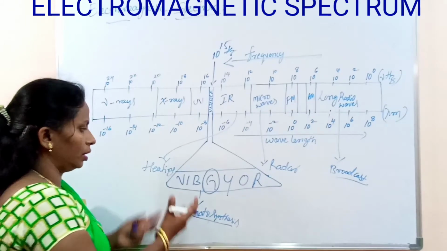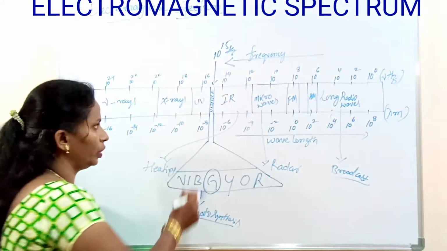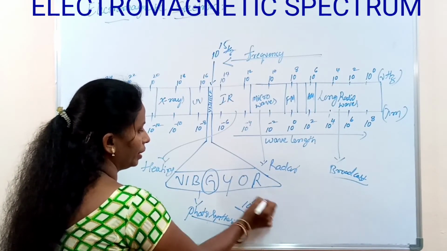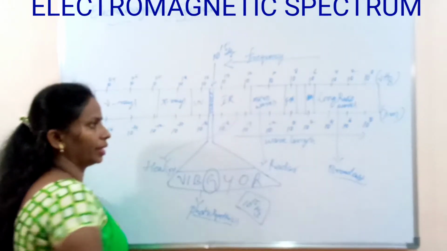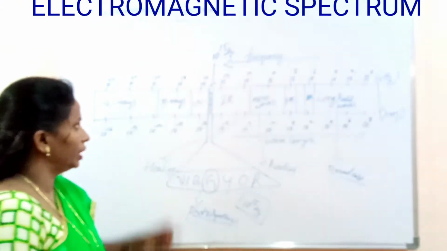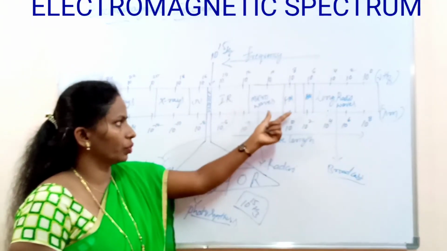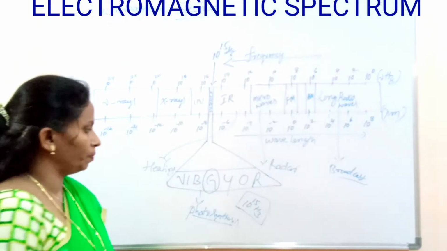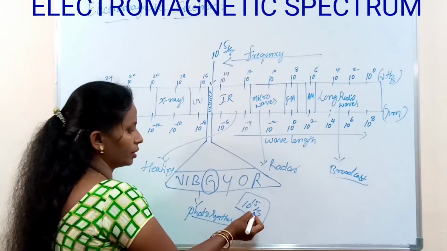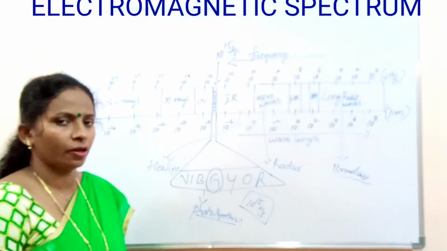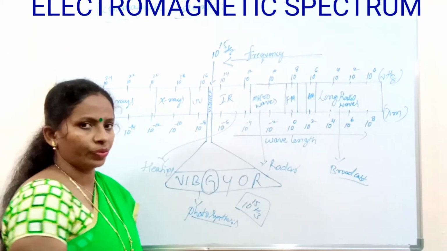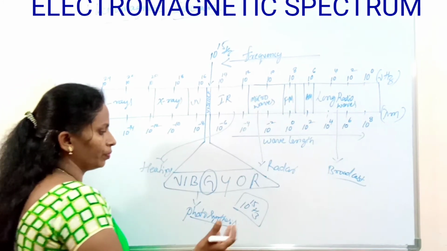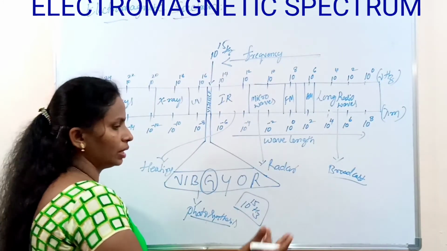Also, our eyes detect only radiation around 10 to the power of 15 hertz frequency. For the remaining radiations we need an instrument; they are not detected by our eyes. But radiations around 10 to the power of 15 hertz can be detected by our eyes, so when they fall on other substances, those substances also appear, and we can see the different matter on the earth.